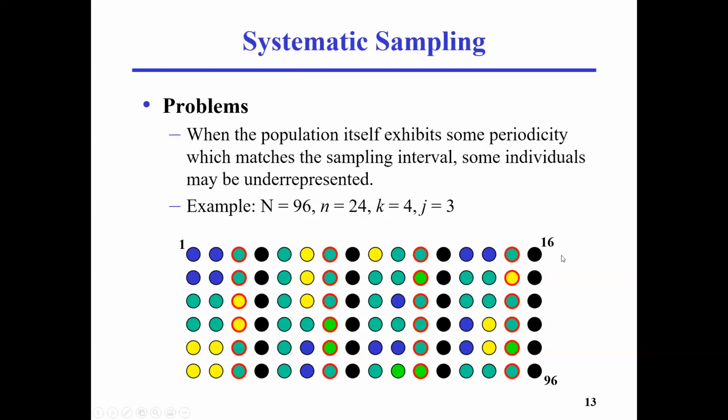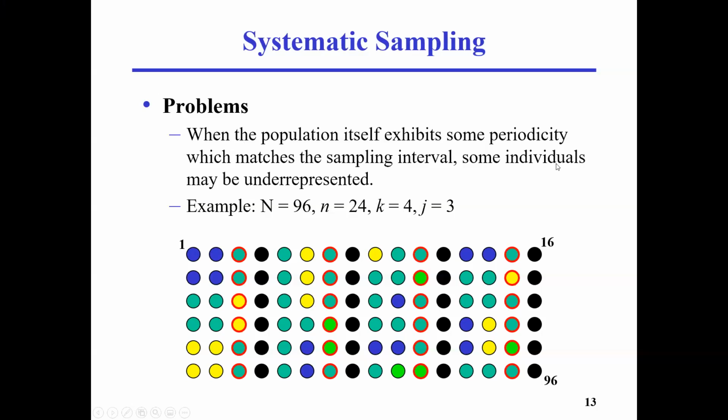So this is the problem of systematic sampling. You use a fixed interval to collect observations, and you could just conveniently and unfortunately miss a whole group, just like this, okay?